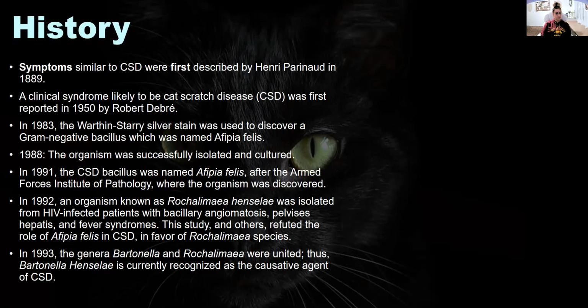In 1991, the CSD bacillus was named Afipia felis after the Armed Forces Institute of Pathology, where the organism was actually discovered. That takes us to 1992. An organism known as Rochalimaea henselae was isolated from HIV-infected patients with bacillary angiomatosis, peliosis hepatis, and fever syndromes.